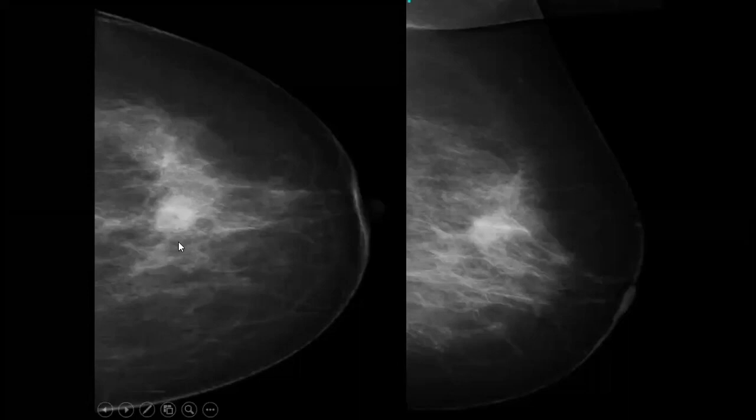Okay, this is more or less central. Yes, upper central. Representing at what o'clock? Upper central, and which side? Focal asymmetry. The side is laterality. Sorry, is the laterality right or left?